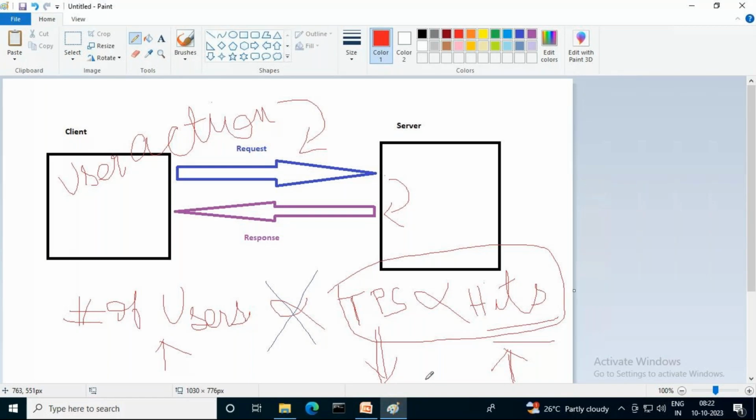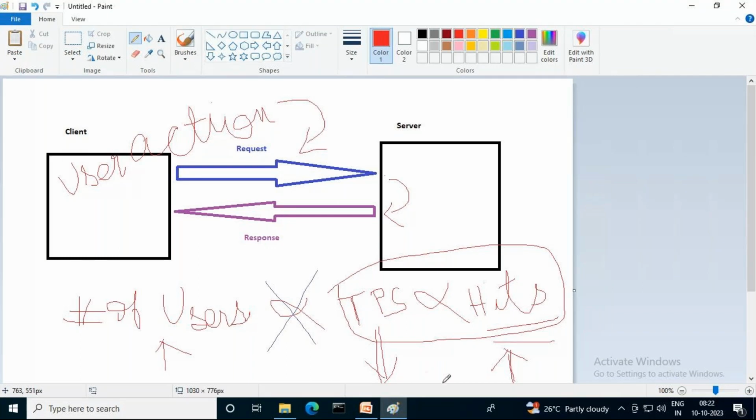For example, your application was working fine for 500 users, but then you increased it to 750, so your performance was good with 500, but when you increased it to 750, you saw that your TPS is decreasing, right? So there can be multiple reasons for that. That is why you do the analysis, right? Understood? There cannot be a generic answer for that. I just wanted to highlight that there can be different reasons for that which we have to analyze. There cannot be a single generic answer for that.